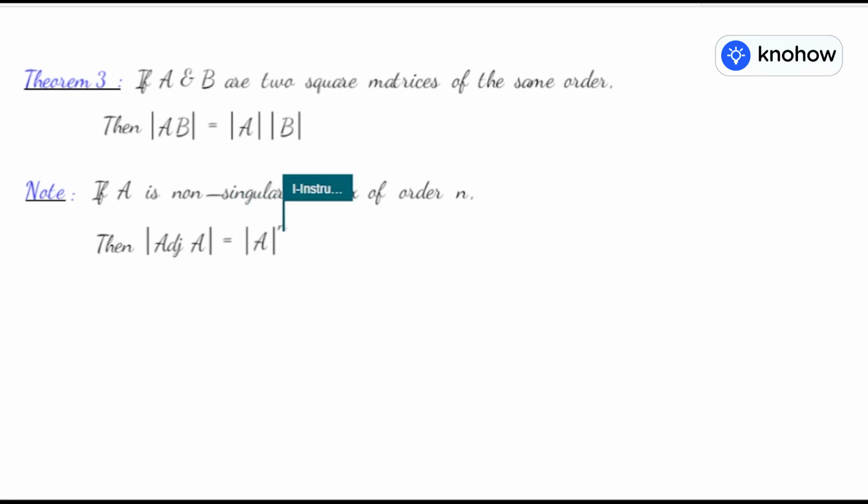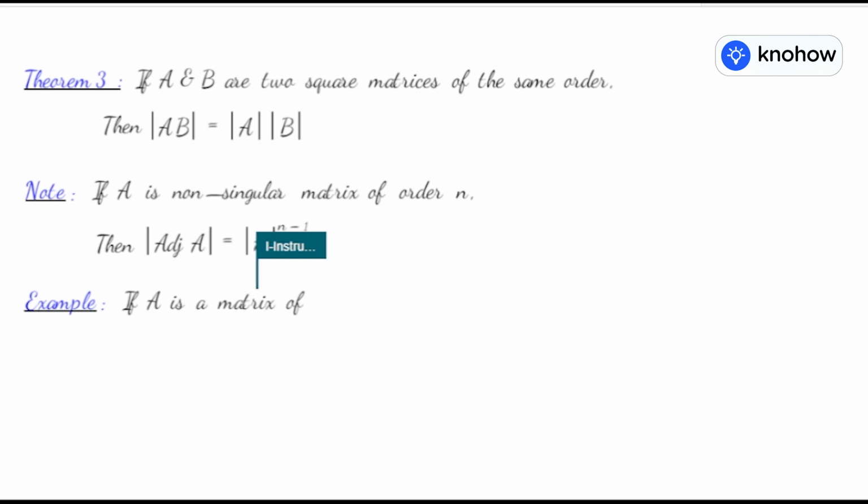For example, if A is a matrix of order 3, that is 3 by 3, then the determinant of adjoint A will be determinant A square.